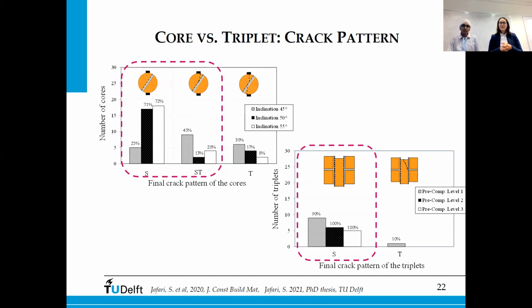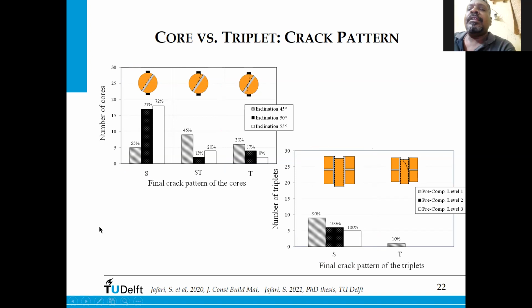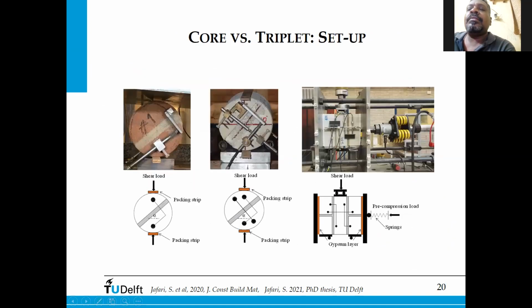Do we have the shear bond strength slide, the triplet test? Can you go back a few more slides? Here, the third diagram in the bottom row is a shear test on triplets.